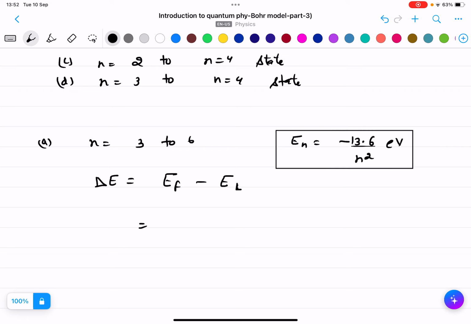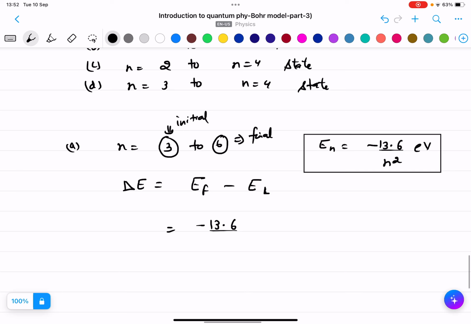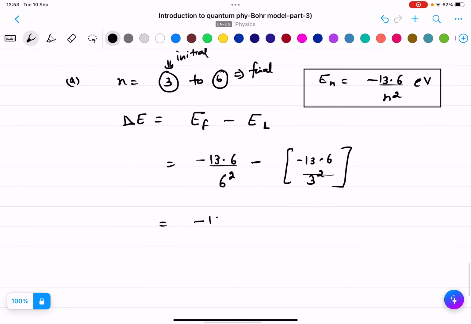Here n equals 3 is the initial state and 6 is the final state. So it will be minus 13.6 over 6 square minus minus 13.6 over 3 square.